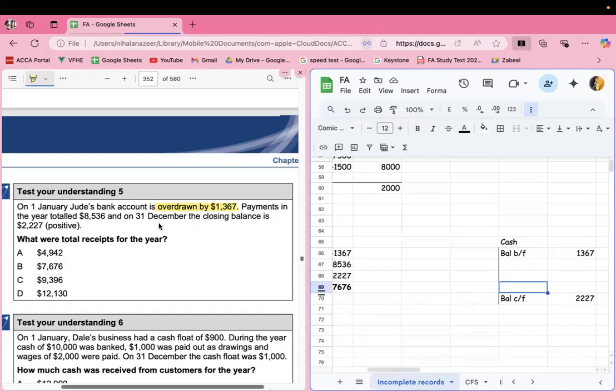Now, during the year, payments in the year total 8,536, right? Negative. So this is a negative amount. It goes on the credit side, right? So bank, maybe you have paid the payables of how much? 8,536. So what is the total amount that you have got? It would be the sum of all of these things.